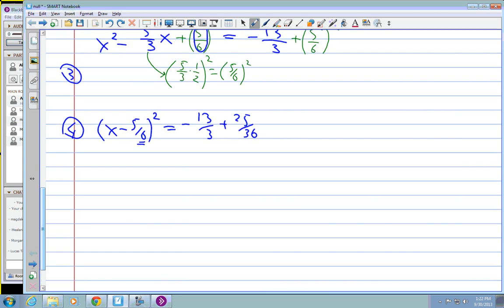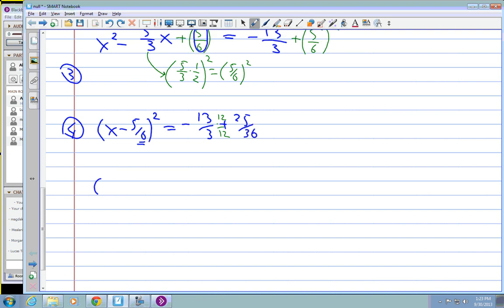So how do I add those two? Why 9? Well, 3 times 9 is 27, right? So you want to multiply by 12, actually. It's 12 over 12. That's how you get to 36.